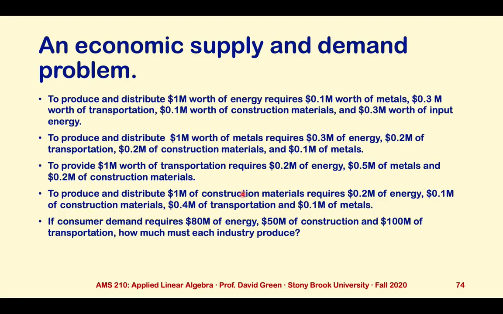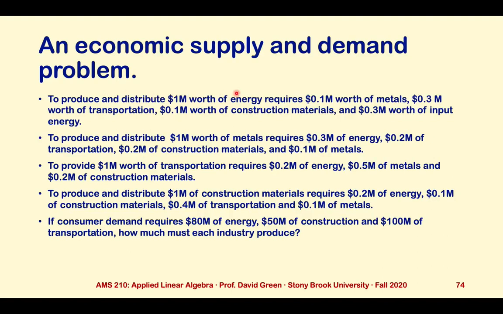And to produce construction materials and product worth 1 million requires 0.2 million of energy, 0.1 of construction, 0.4 of transportation, 0.1 of metals. These are essentially the inputs that are required from various sectors to create output from that sector.